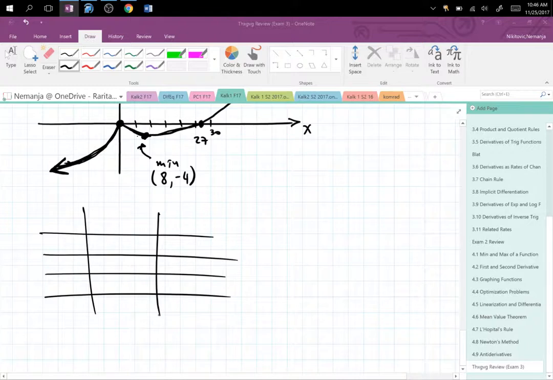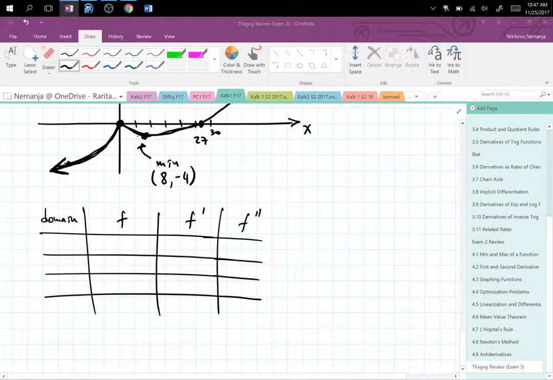Something like this, where I say f prime, f double prime, and then over here is just the domain. Some part of the domain, whether it's an interval or a point.